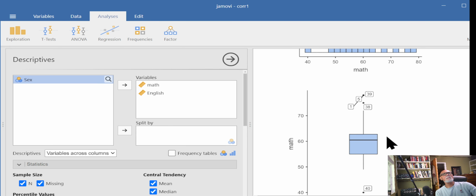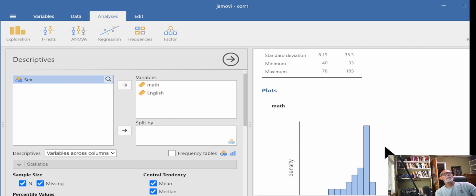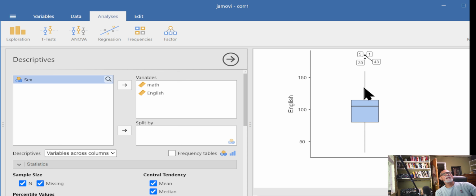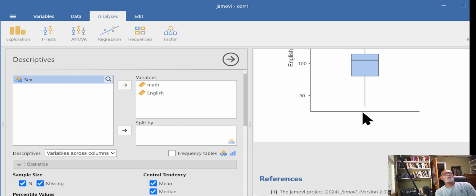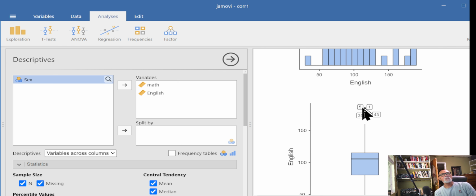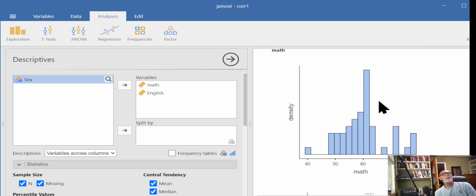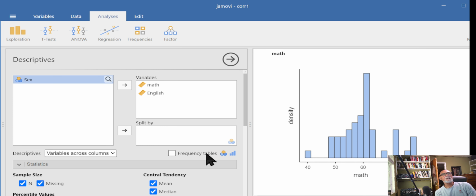Oh, this is our math. And on our English we have 4 high scores. So those are our scores that skew the distribution. This is low and these high. These high and that low.